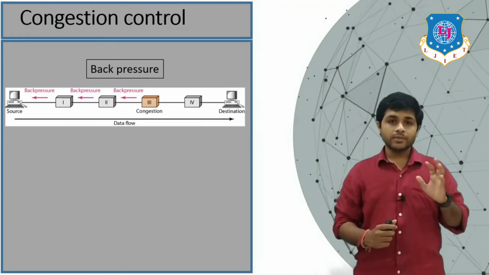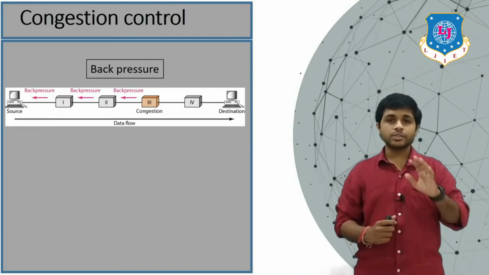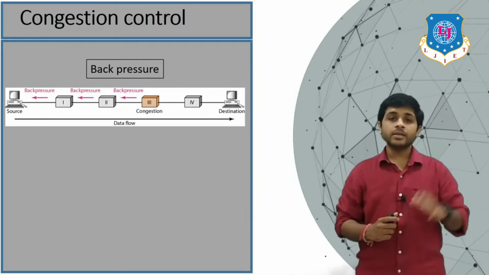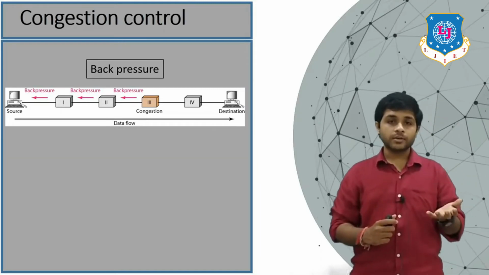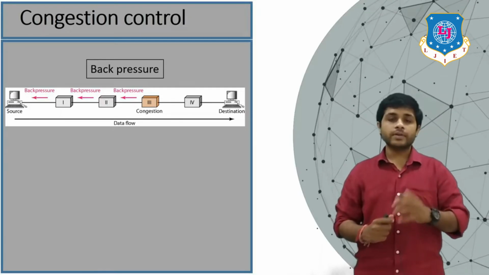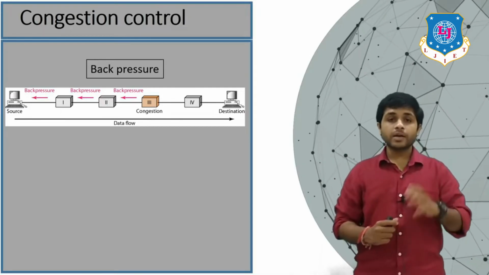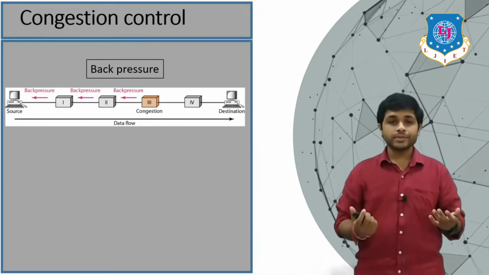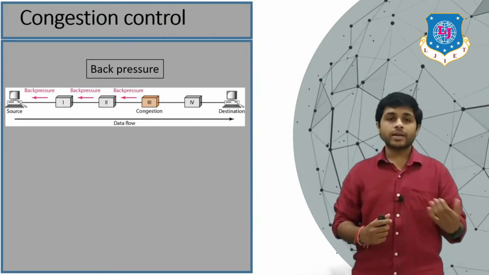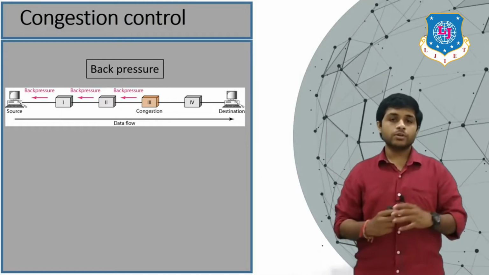So when device 3 becomes congested, it stops receiving packets. When device 3 stops receiving any packet, device 2 becomes congested because device 2 is not able to forward any packet to device 3. When device 2 becomes congested, device 1 also becomes very congested. So 1 cannot transfer any data to device 2.